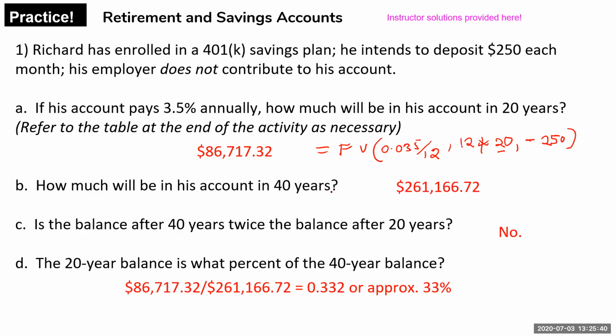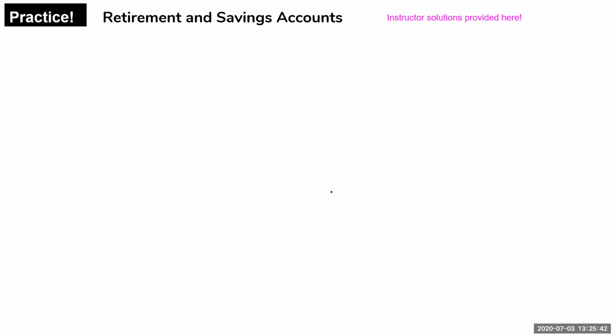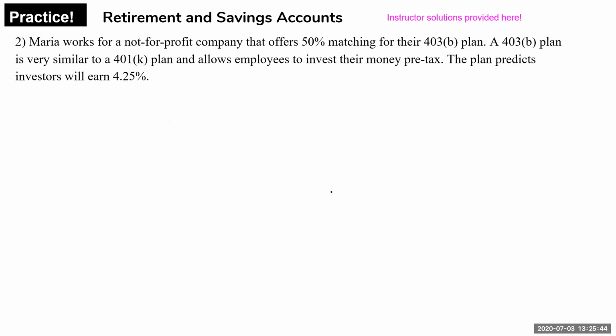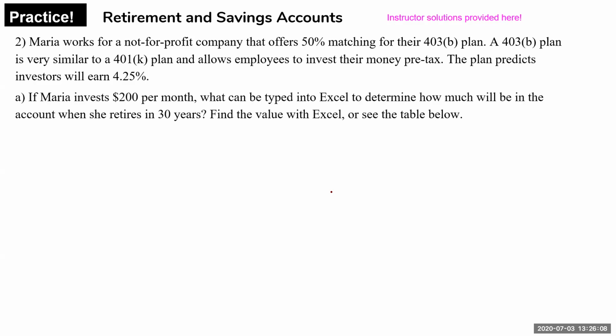Sounds good? Okay. Okay, now let's look at practice number 2. Maria works for a not-for-profit company that offers 50% matching for the 403B plan. A 403B plan is very similar to 401k plan and allows employees to invest their money pre-tax. The plan predicts investors will earn 4.25%.